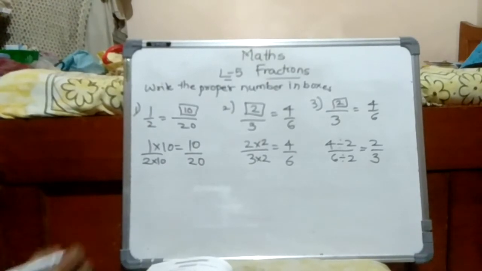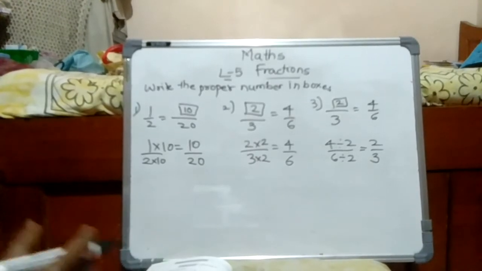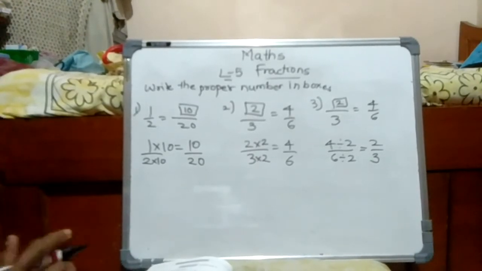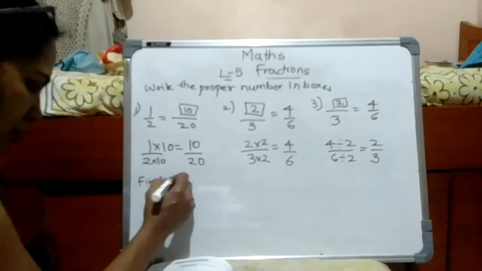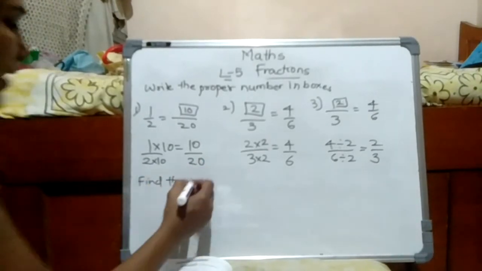Okay, now another question is given for you. Find the equivalent fraction with denominator 5. One denominator is fixed for it.